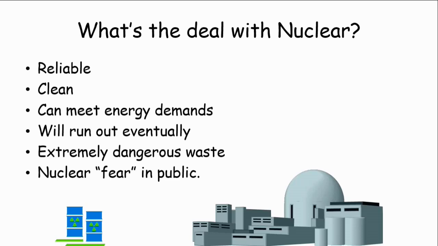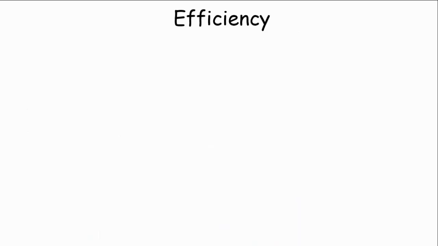One of the most recent, Fukushima in Japan, where a tsunami came and it caused a disaster. Then there was Chernobyl in Russia in 1986, I think, maybe. Big deal. And there's been a few others. If it all goes wrong, it can be quite disastrous. So that's one of the big issues with nuclear power. So none of them seem to be ideal on their own. So maybe we need to look at using different combinations of different types of ways of generating electricity.